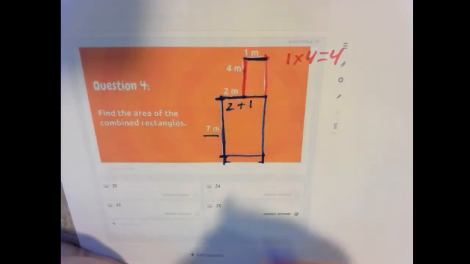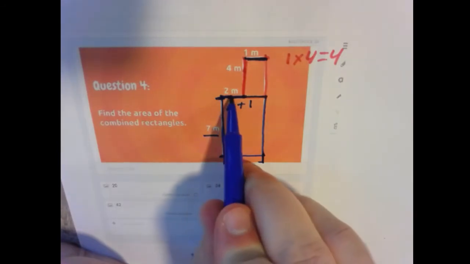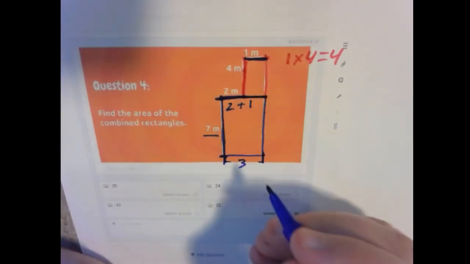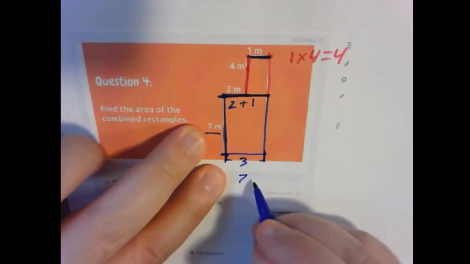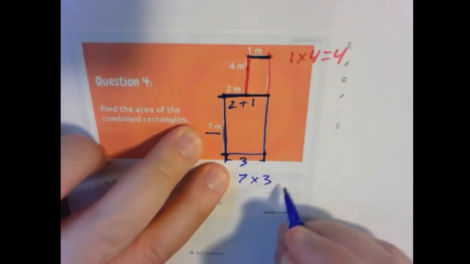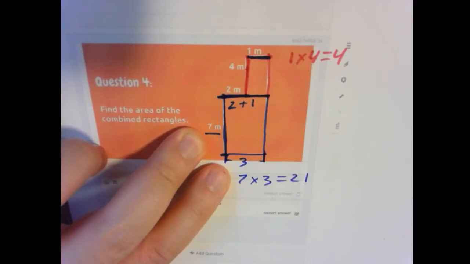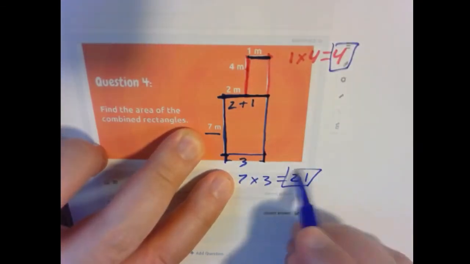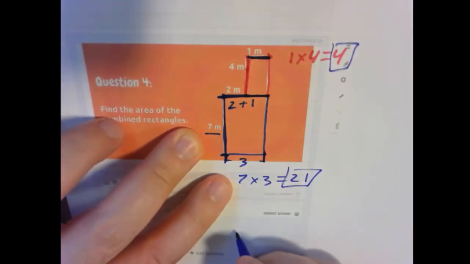So 2 plus 1 means that this would have a width of 3, which means this down here is also 3. So we do 7 times 3 equals 21. 4 plus 21 makes 25.